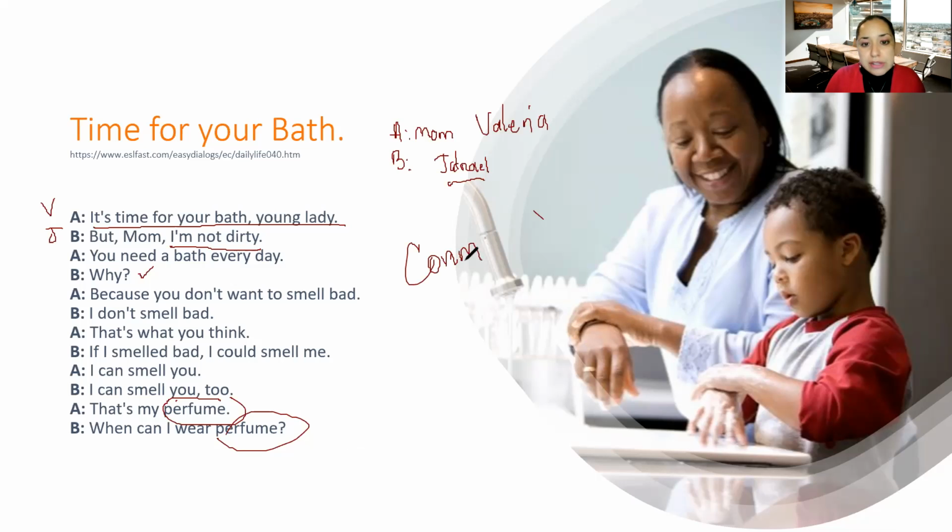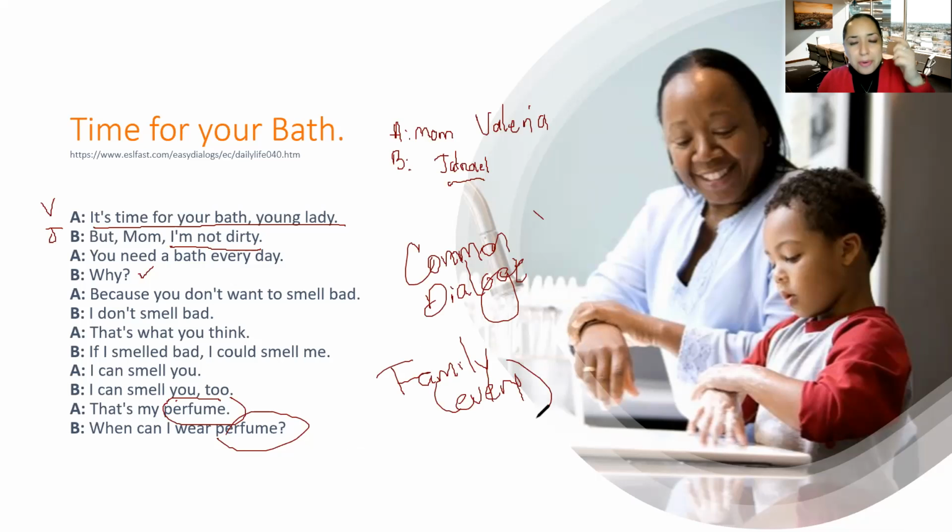And this is, of course, a very common dialogue. And this is for family. For every family there is, you're going to listen to that dialogue. So how to answer this dialogue? If you are one of them, it's a normal, fluid dialogue that goes into a discussion. A discussion. Ooh, I was giving the stress mark. A discussion.